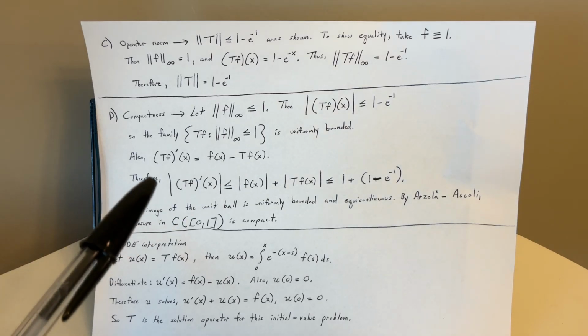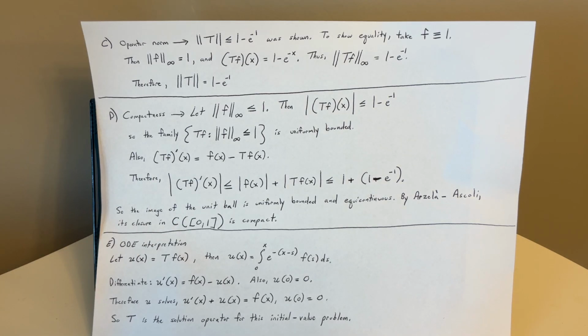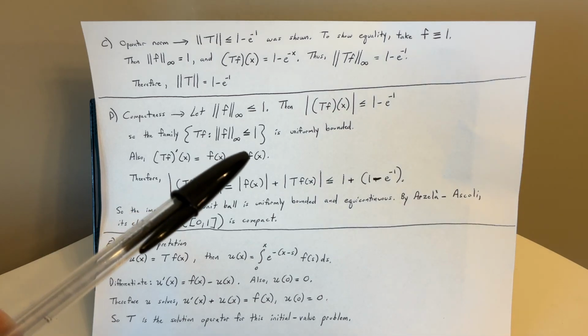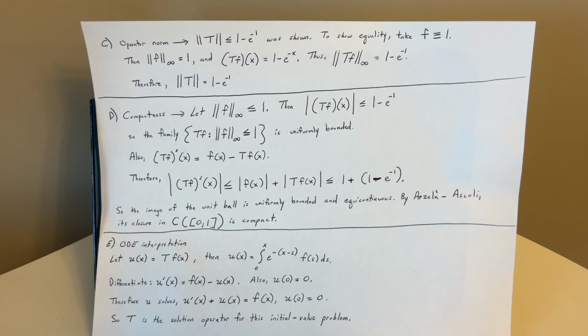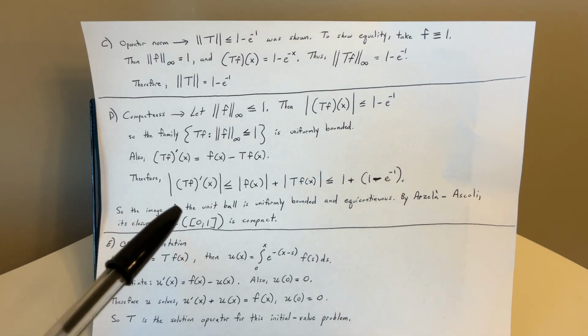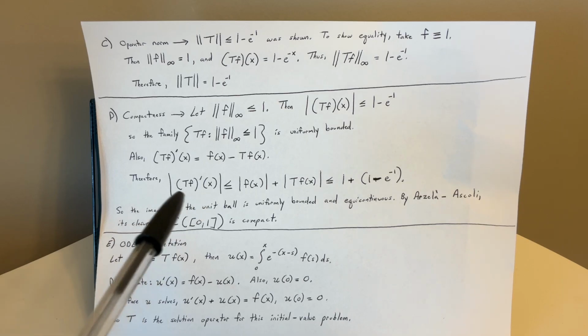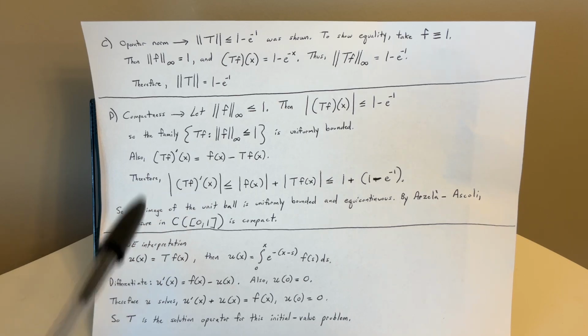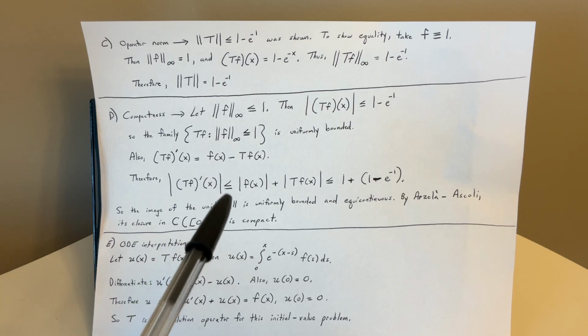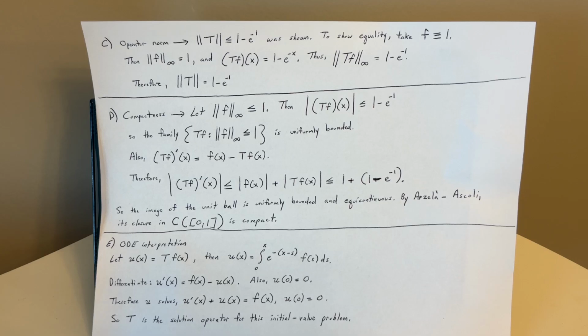Also, (Tf) prime at x equals f of x minus T f of x. Therefore we can say the absolute value of (Tf) prime of x is less than or equal to the absolute value of f of x plus the absolute value of T f of x, which is less than or equal to 1 plus quantity 1 minus e to the negative 1.